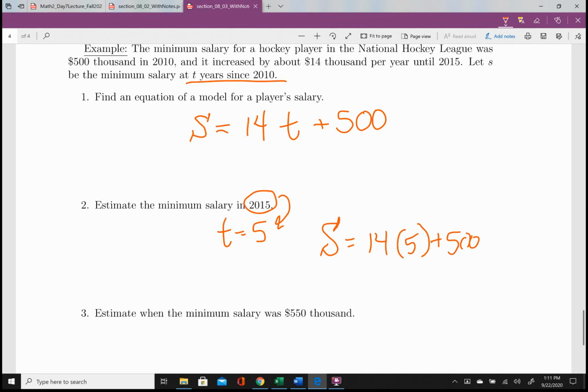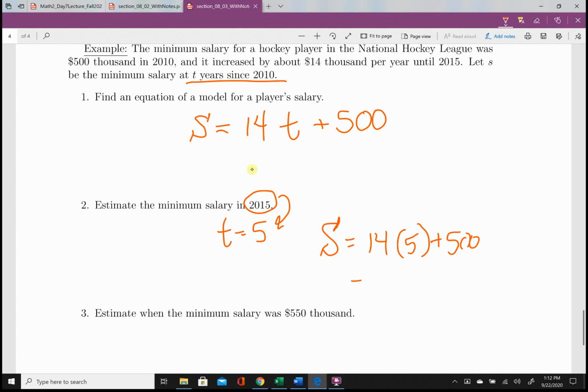Then you can go ahead and reach for your calculator and say, what's 14 times 5? Well, that's 70, plus the 500,000 that's initially there. Sorry, it was 70 plus 500 is 570.